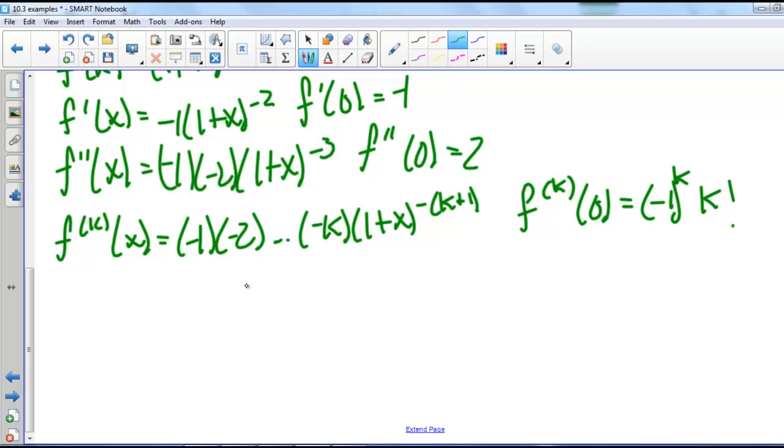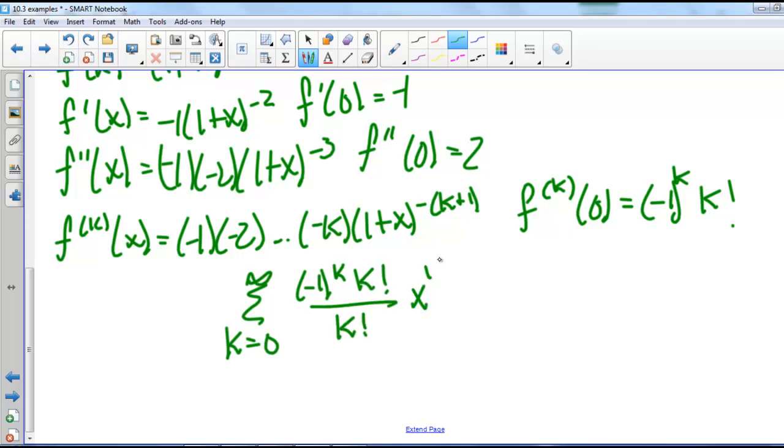So this would give us the series k equals 0 to infinity of negative 1 to the k times k factorial divided by k factorial times x to the k, which is the same as the series k equals 0 to infinity of negative 1 to the k times x to the k.